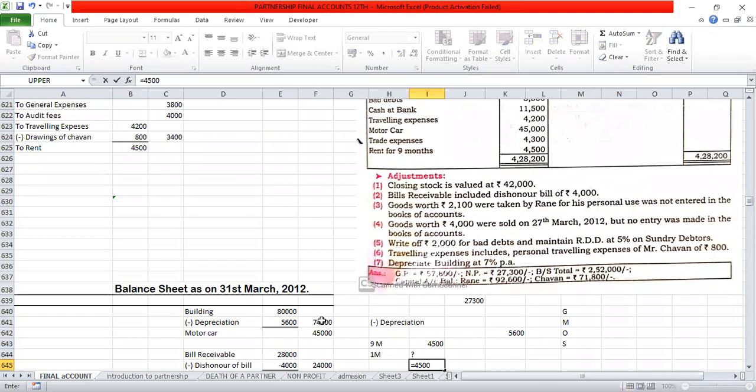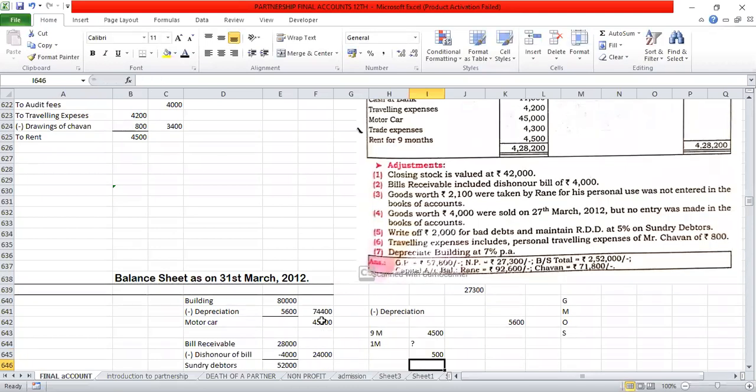How many months are pending? 3 months. 3 times 500 is 1,500.